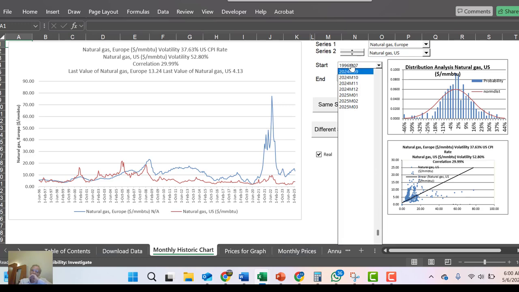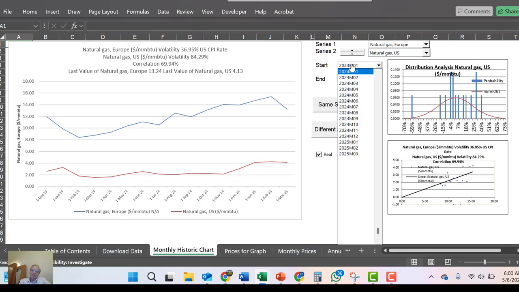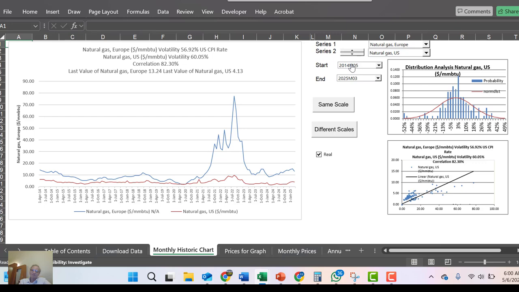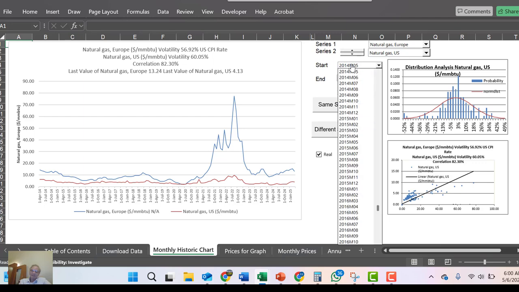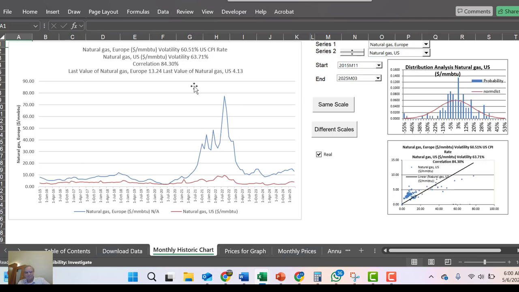Now, if I go all the way up here and just look at the last little bit of time, maybe up to here. No, that's too far back. Let's go after the oil price shock. I should stay here for a minute, because right here, notice that the European and the U.S. natural gas price was almost the same.